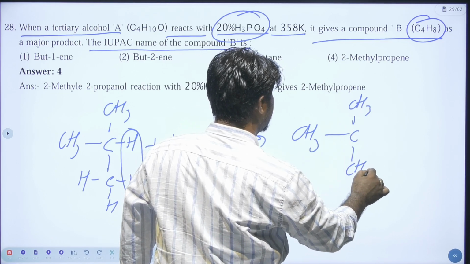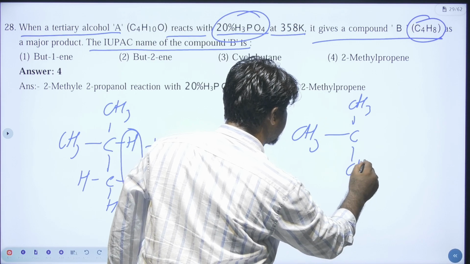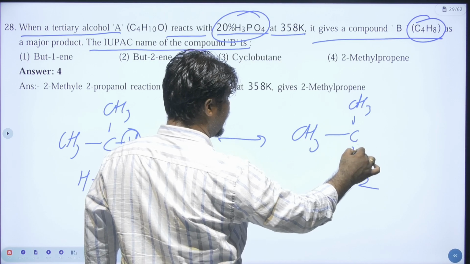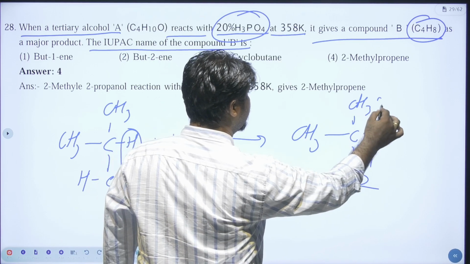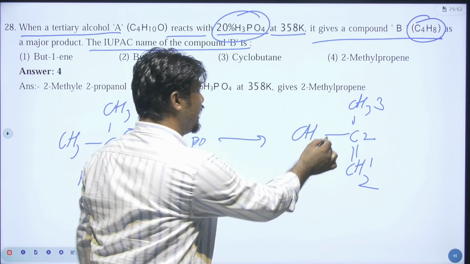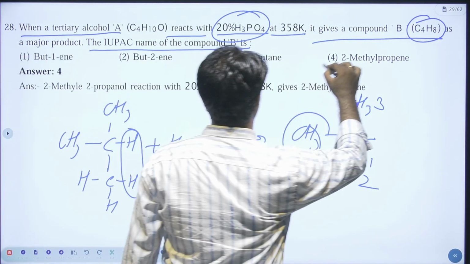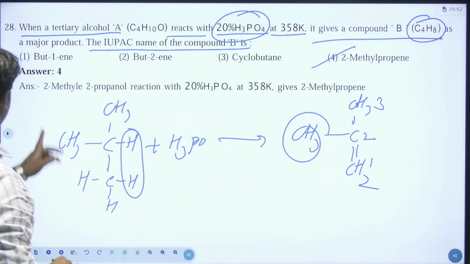The IUPAC name of this alkene is 2-methyl propene. So 2-methyl propene is the right answer, so the fourth option is the right option. Next, go to the next question.